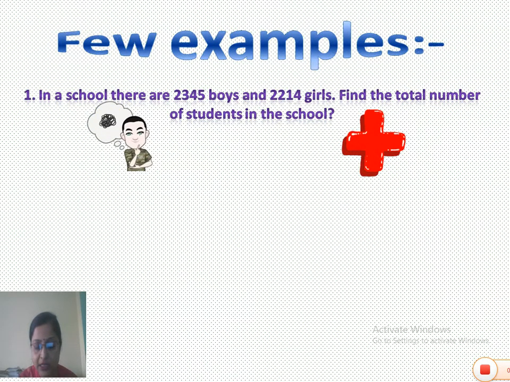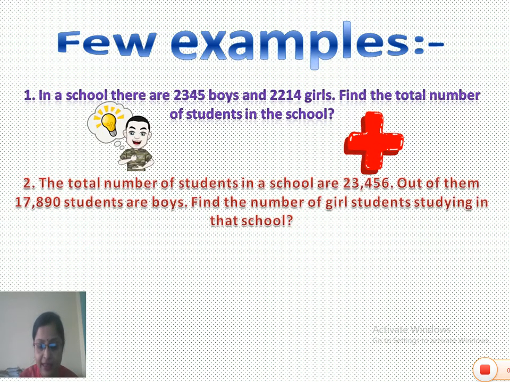So that's how we will decide the action in every story sum. Now let's quickly check out the second example to find the difference between the two. The total number of students in a school are 23,456. Out of them, 17,890 students are boys. So we need to find the number of girl students studying in that school.